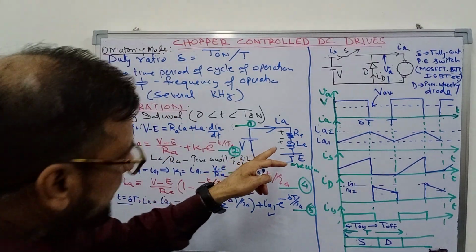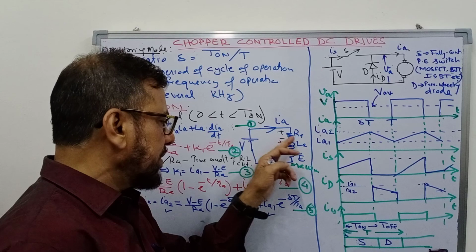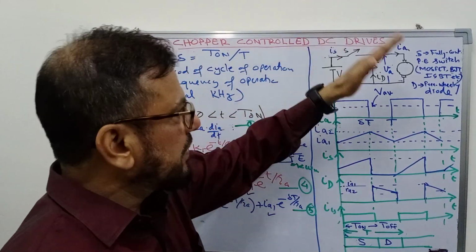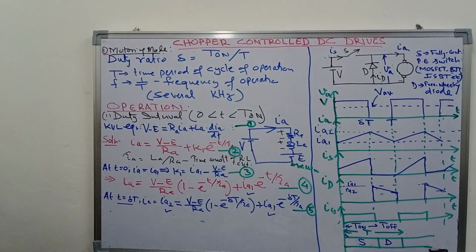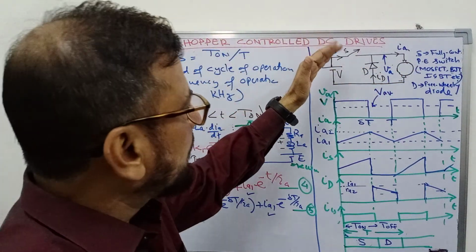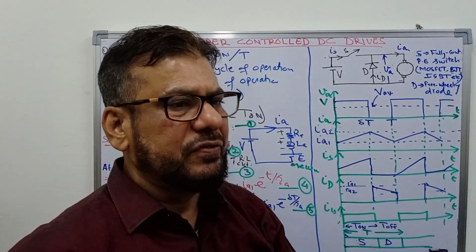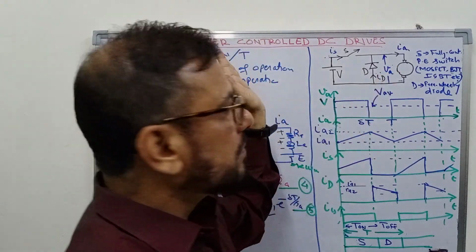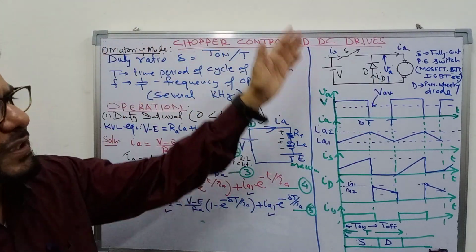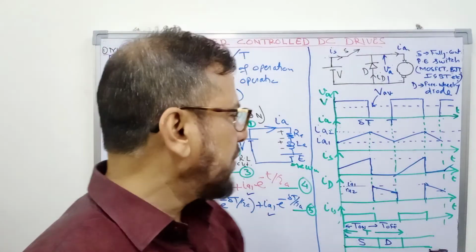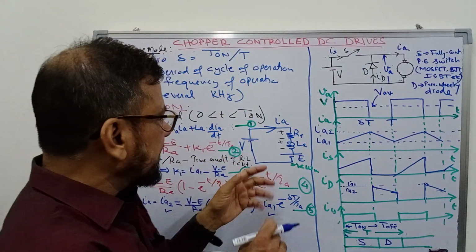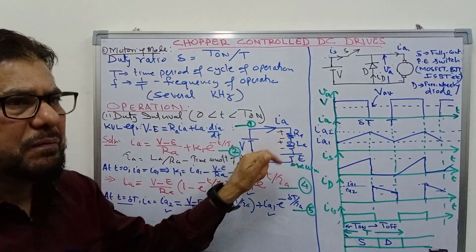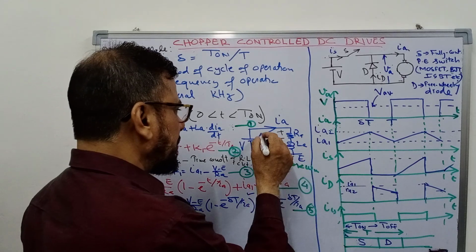So now this energy is available here in the inductance, and when we open the switch, what will happen? Current will start decreasing. Earlier current was rising, when we don't connect the voltage here, current will obviously go down. Then in that case, the polarity of inductor voltage will become opposite to what it was earlier.